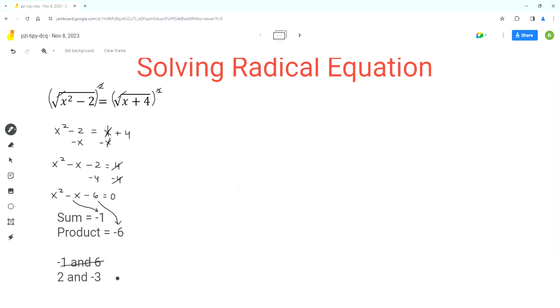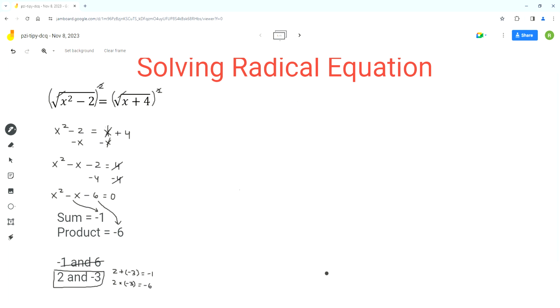Now we can check if we add 2 and -3, we get -1, and if we multiply 2 and -3, we get -6. So this means this pair of numbers work for us.